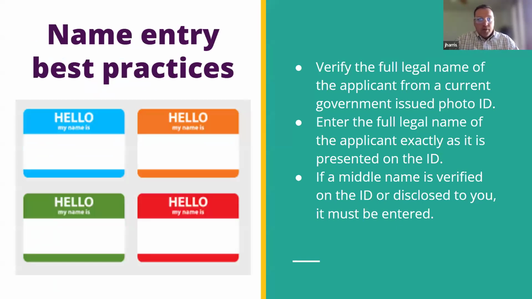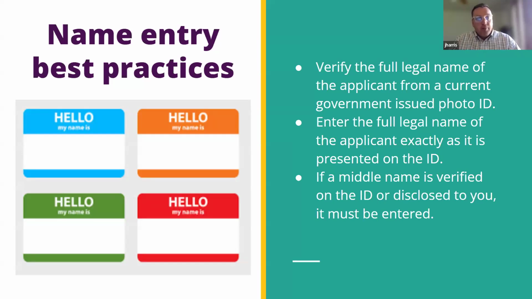Name entry best practices. Okay, again, verify the full legal name on the identification that you have looked at for your applicant. We can't go by nicknames or names that they would like to go by. We have to go by what the information is on the identification. The full legal name means the first name, the middle name, the last name, exactly as presented on the identification. That's what needs to be entered into the DACS system.